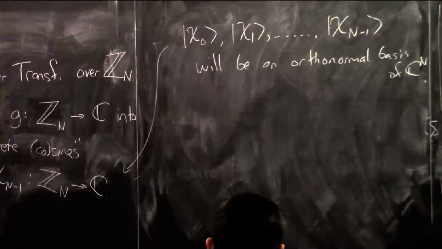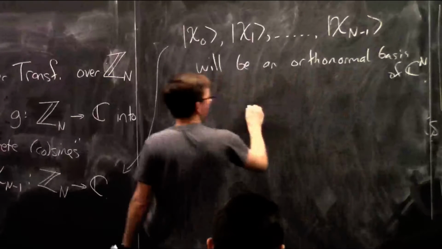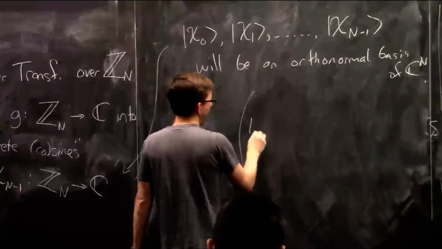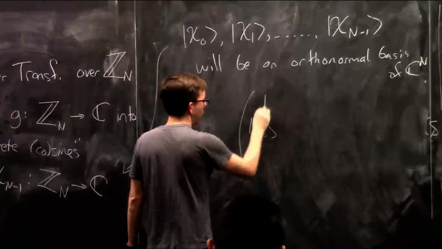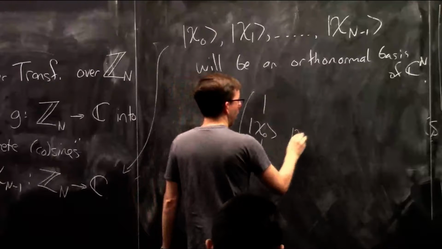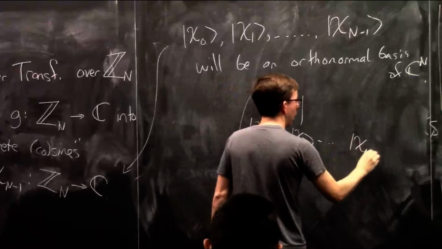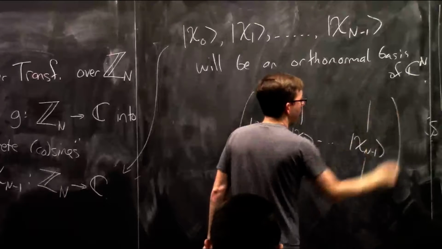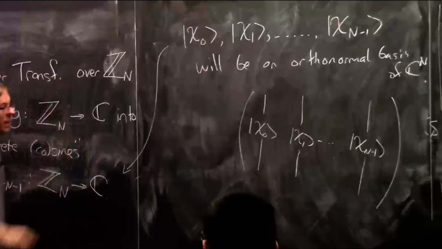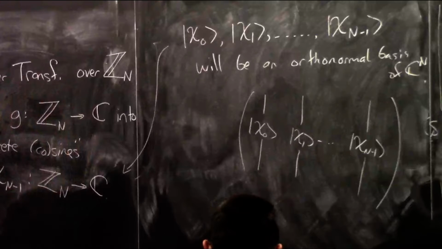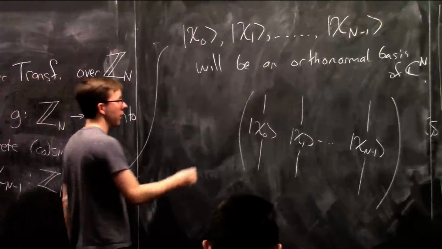And then you can make a matrix out of them by just stacking them as columns. Whenever you have a matrix with orthonormal columns, it's a unitary matrix.